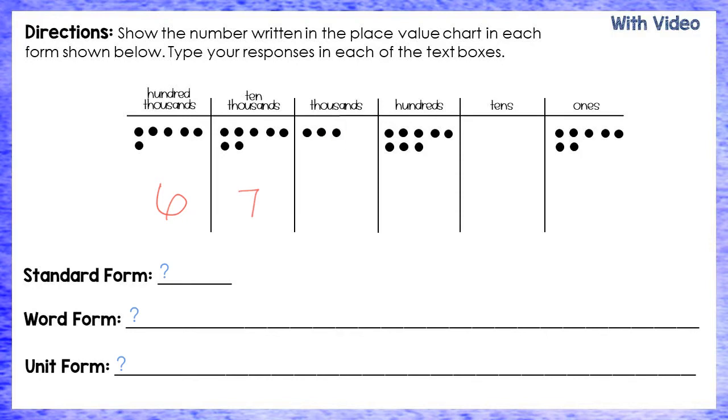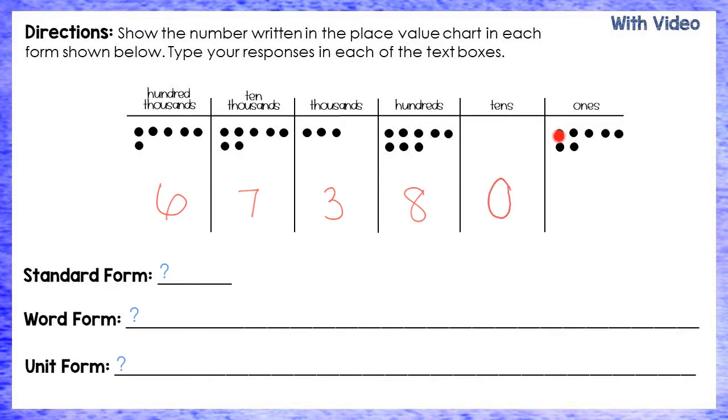There are 3. Then we look at the hundreds. How many hundreds are there? There are 8. How many tens are there? There's no tens. Can we just skip that? We can't. We have to write a 0 because we need the placeholder.